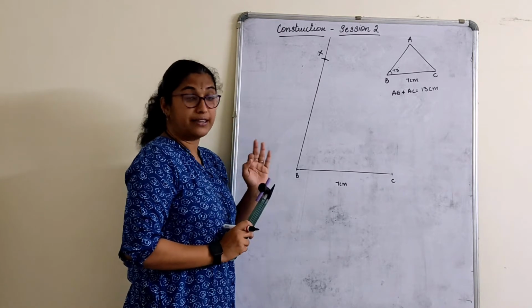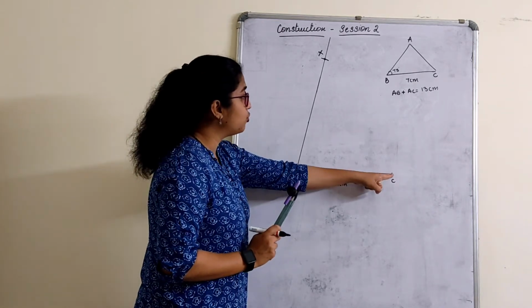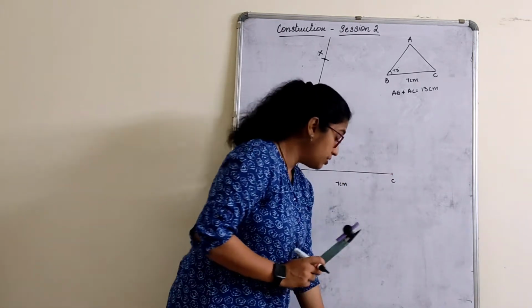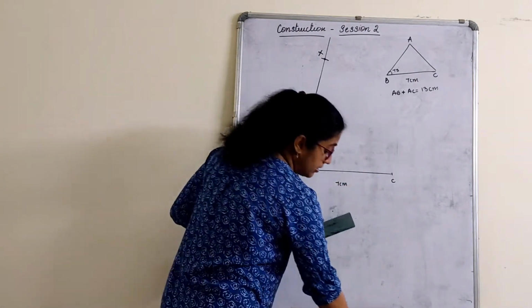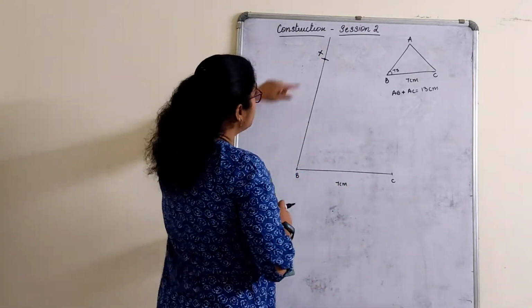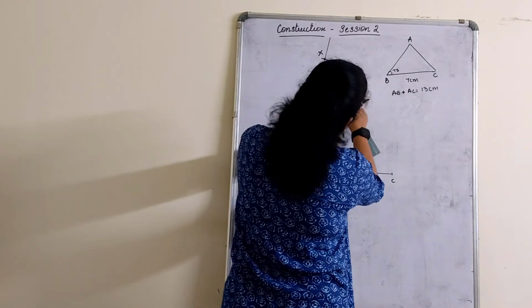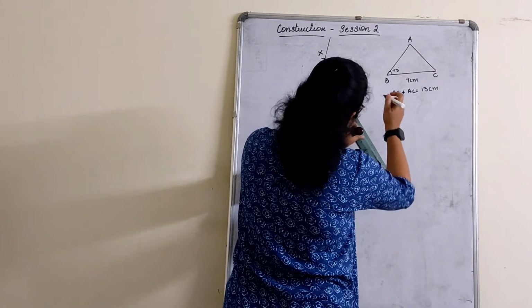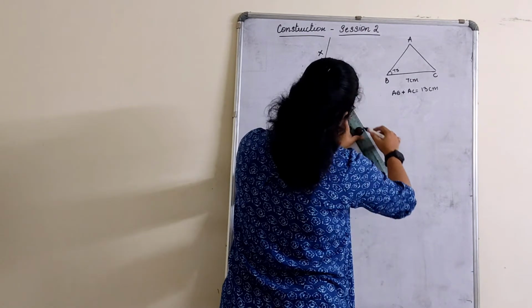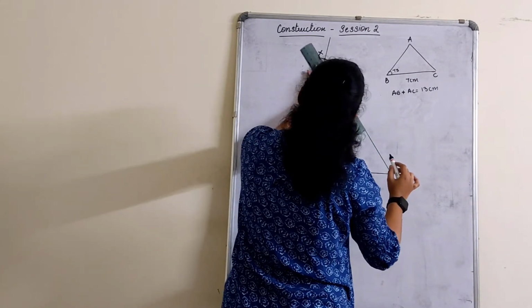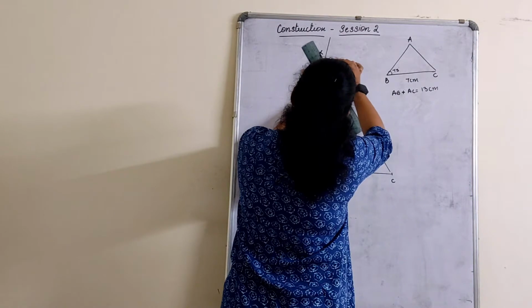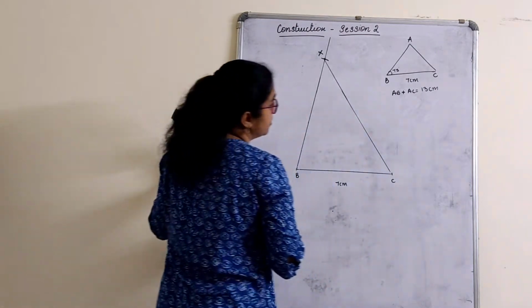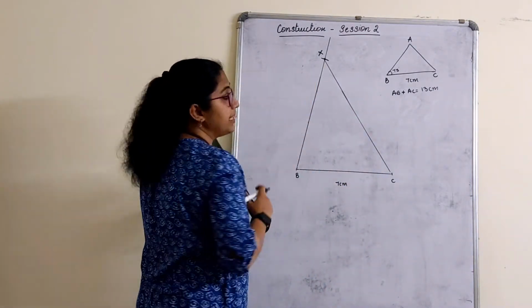A I have to find. After finding A, I have to join that C to A. So this 13 centimeter I marked. Our next thing is to join CX. Don't worry. In your book, it will not come that big here. If it comes big, use a longer scale. We marked it here, right?